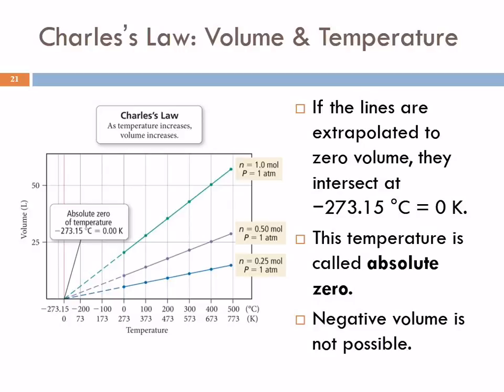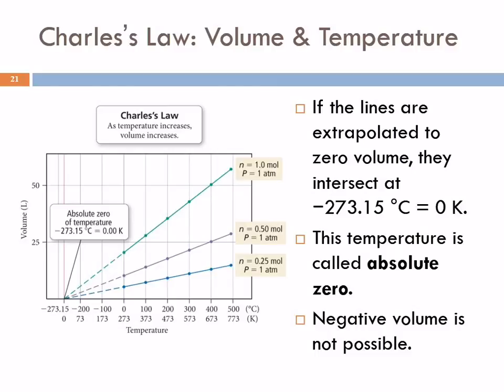Is it possible for a gas sample to be compressed so far that it has zero volume? Not completely zero. Atoms are really, really small, but they do have a finite volume. So this absolute zero is kind of a mysterious place.